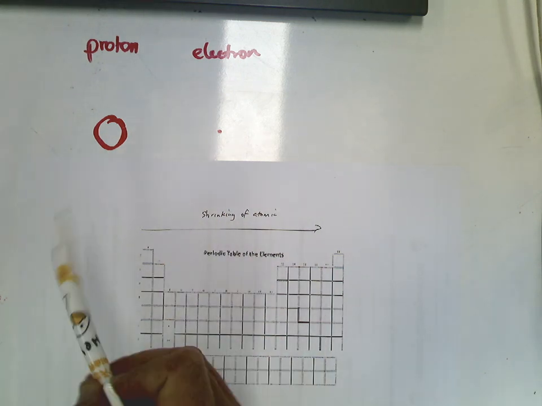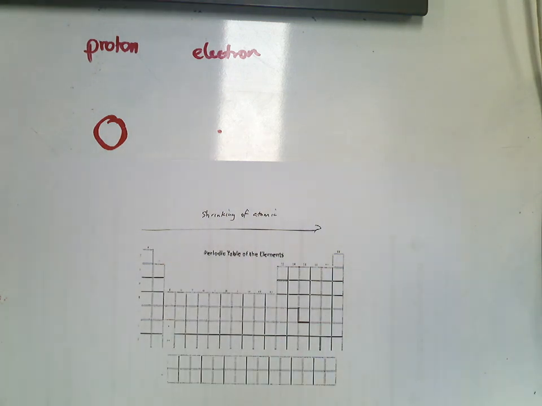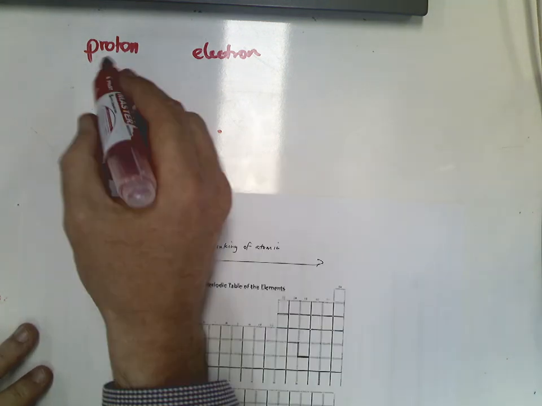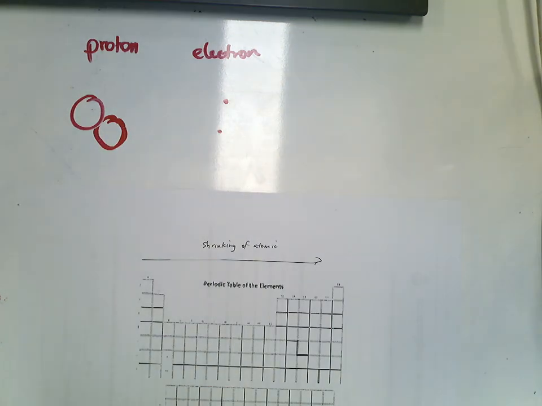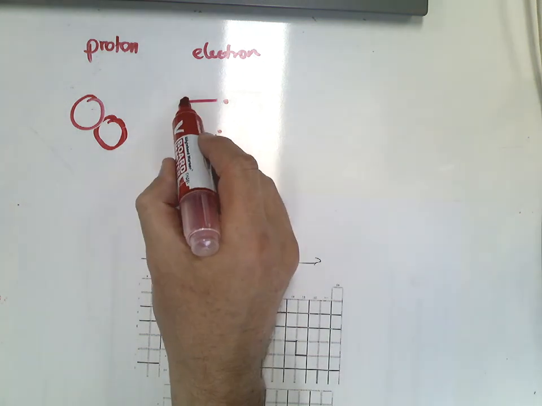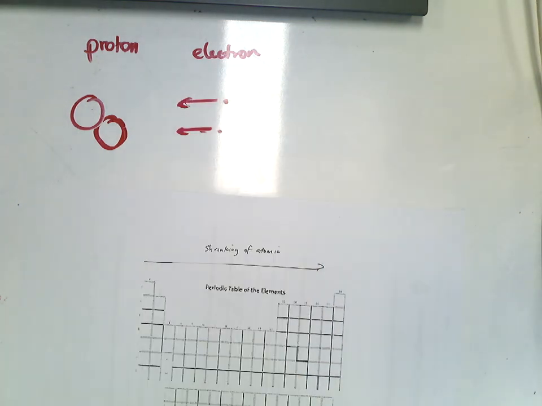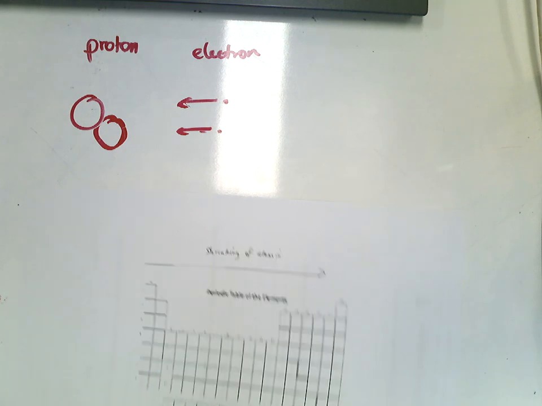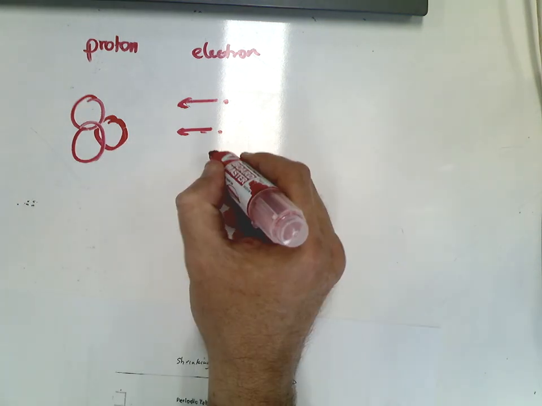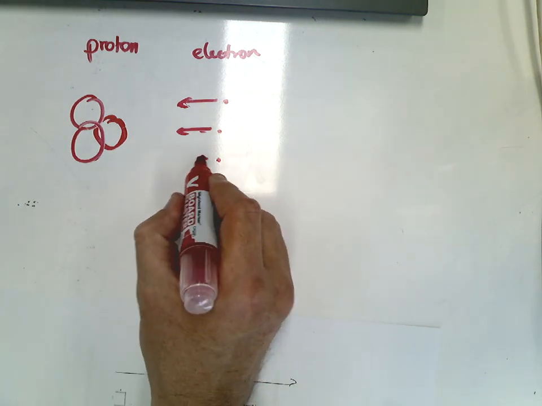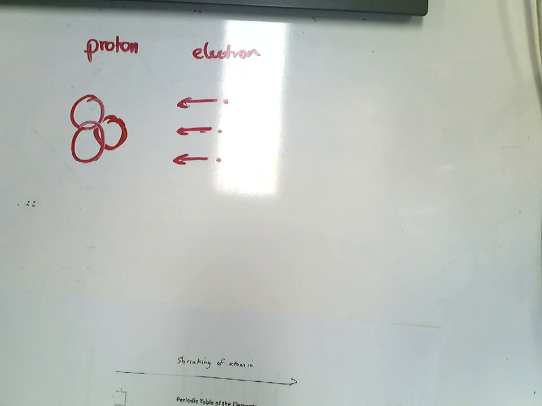And the more protons you add, what actually happens? So if I go to the next element across and add another proton, I would also add another electron. But the problem is that the mass of these protons would move these two electrons closer in. Okay, shrink them down. And of course, if I add another proton and another electron, then they're also going to be moving and moving and moving.